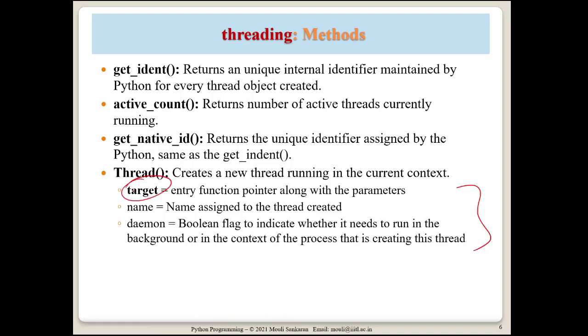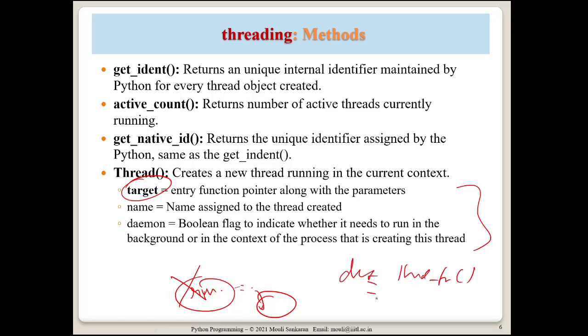Target is the method which will be executed when the thread is created. Similar to our run, when the thread is executing, the run method is called. Similarly, instead of this, we can specify another function which can be called. So if you are defining a function, my thread function, then you write it and pass it to this method.